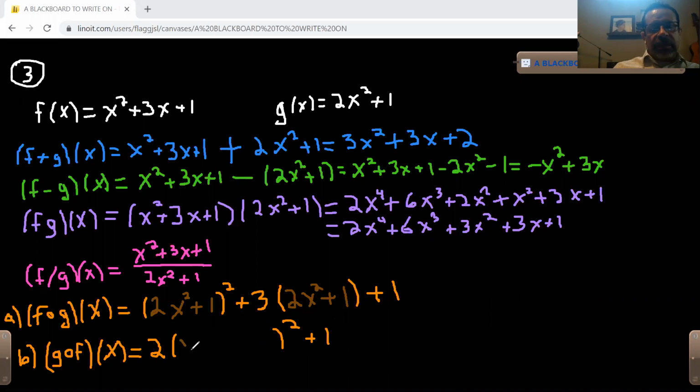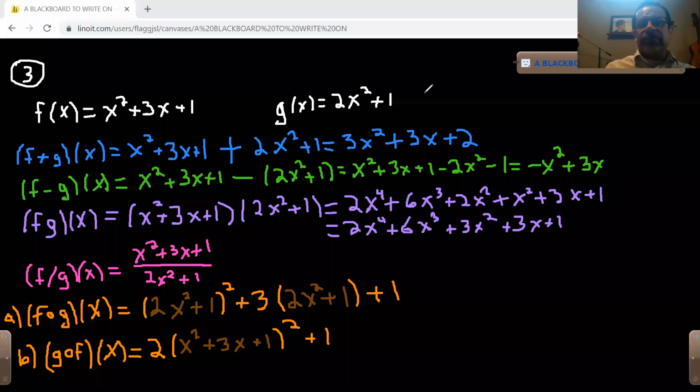And so this is going to be x squared plus 3x plus 1. Okay. And so those are both of the compositions that we do. So f of g means we're substituting g within f, and g of f means we're substituting f within g. And literally when we're substituting, we're putting one function inside of the other.